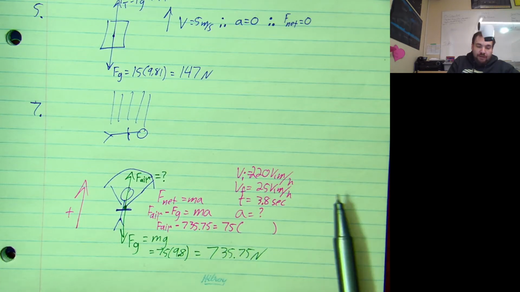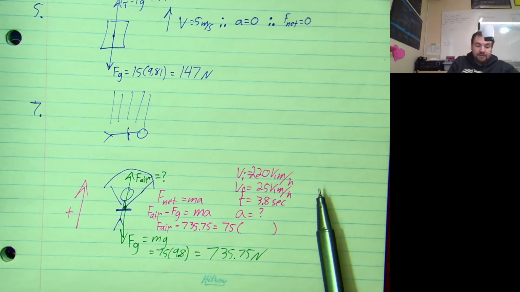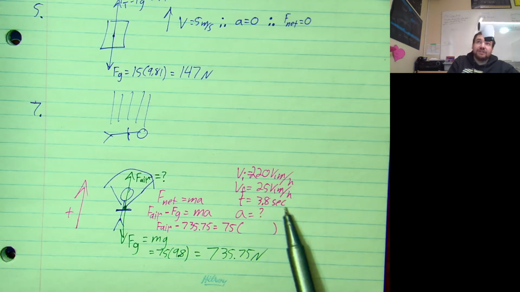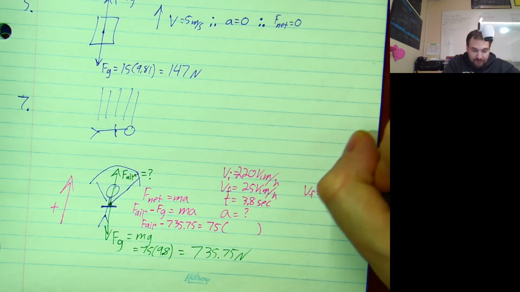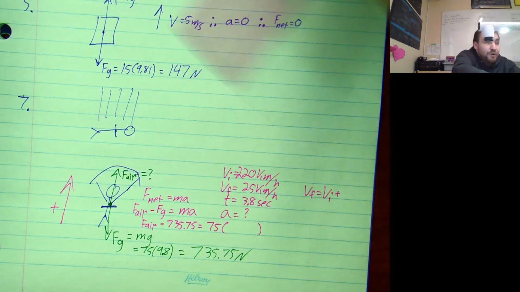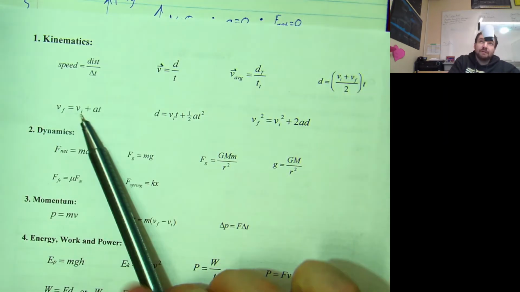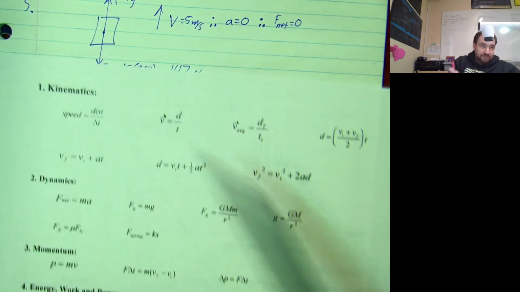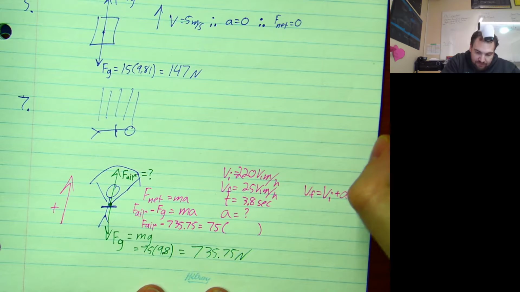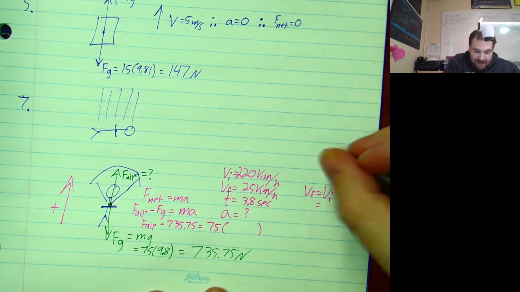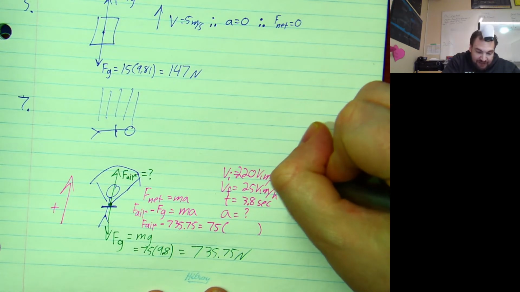So then, how would we find the acceleration given this data? VF equals VI plus, if you don't remember, we've got our formula sheets. That guy there: VF equals VI plus AT. We can't use either of these values.